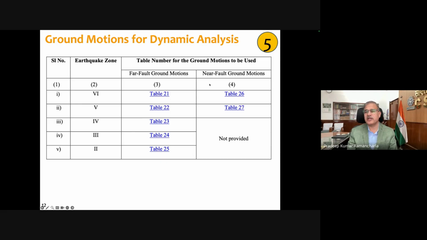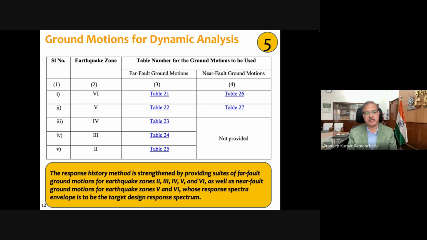Also, near fault ground motions are given only for zone 5 and zone 6, because the intensity of that ground motion in zones 2, 3, and 4 will not be that high. That is one reason. The second reason is we don't have recorded data available at present, so maybe in future all these things may be populated.